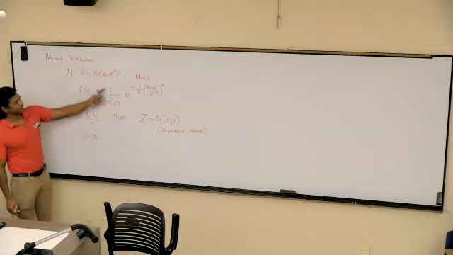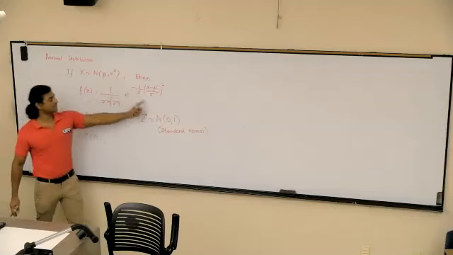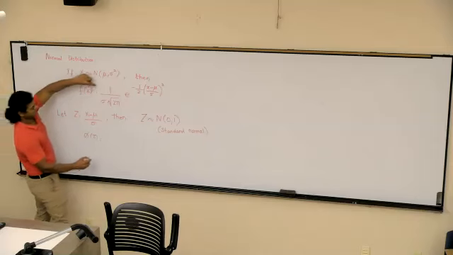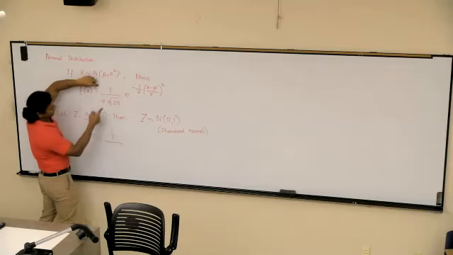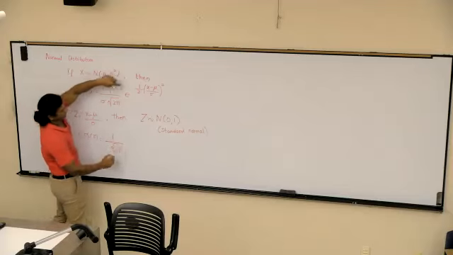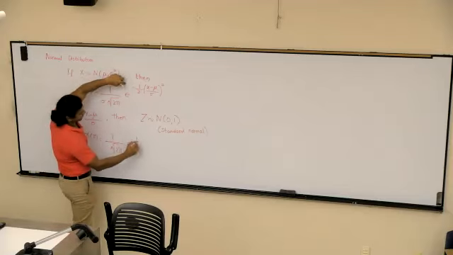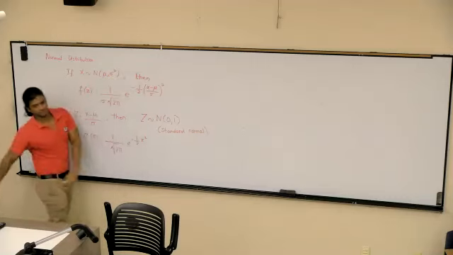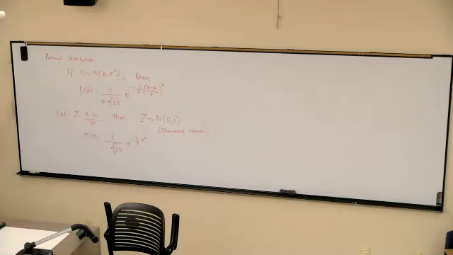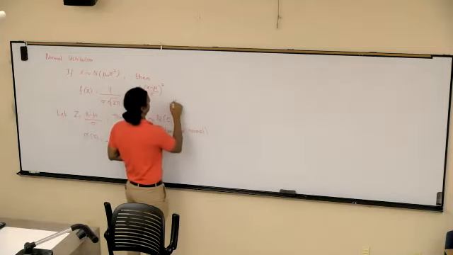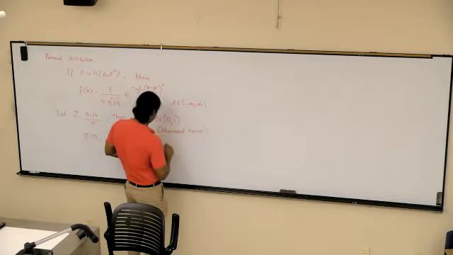So mu is 0, sigma squared is 1, which means sigma is 1. So 1 over 1 times square root of 2 pi, e raised negative 1/2 z squared. Good. Both of them have support from negative infinity up to positive infinity.